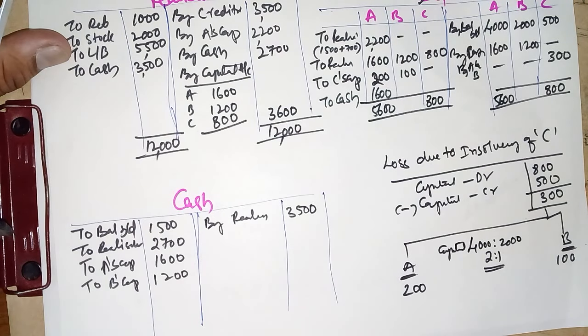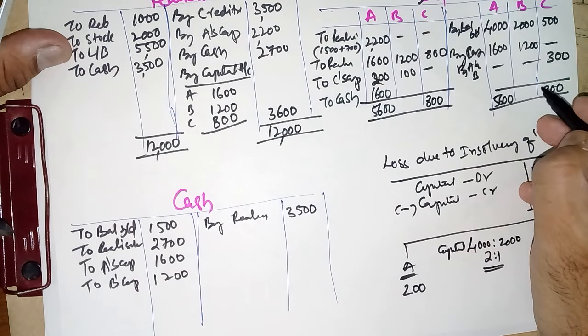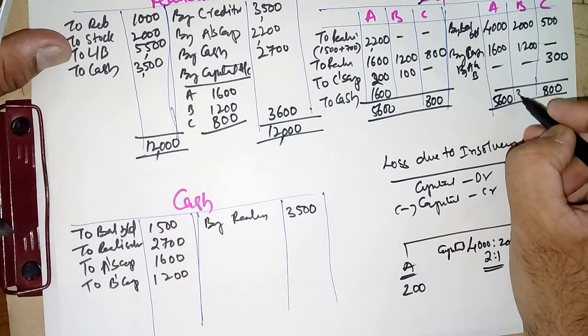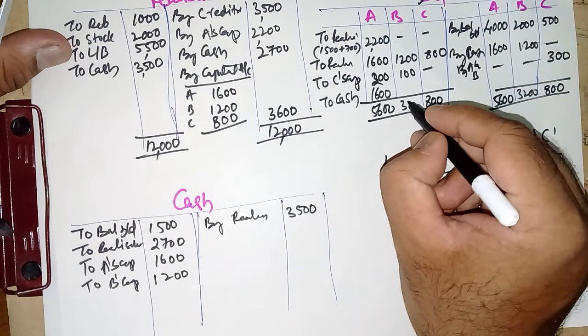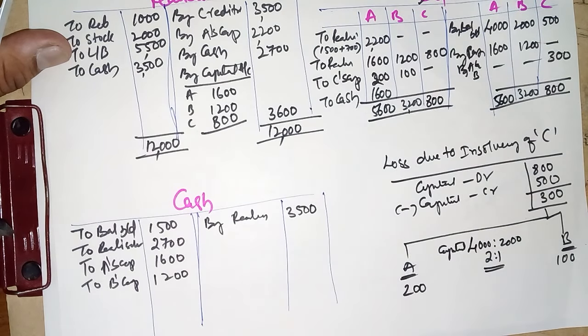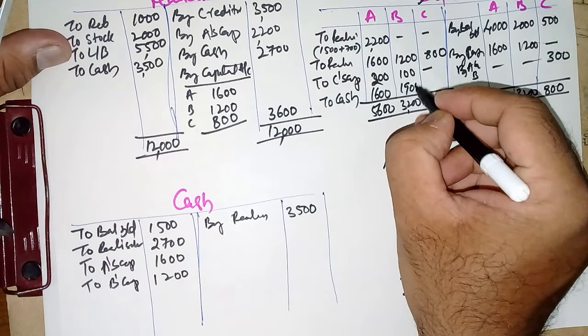Then for the other partner, 3,200 minus 1,300 is 1,900.